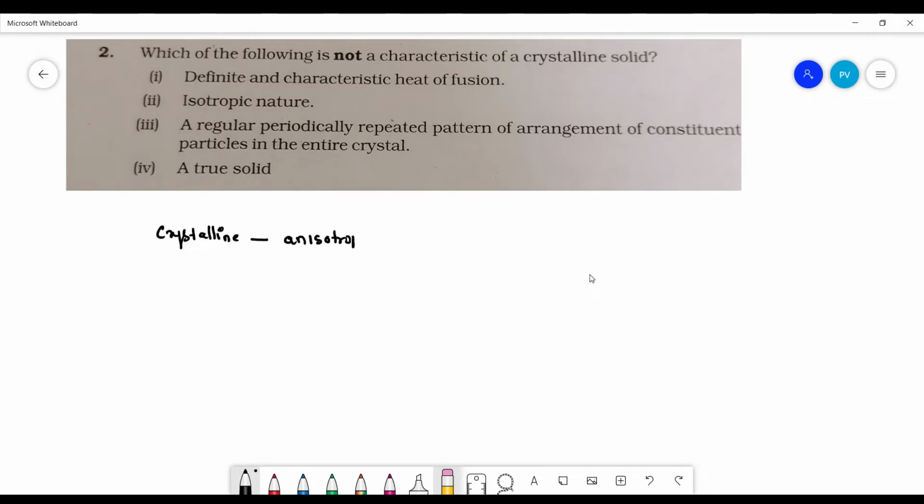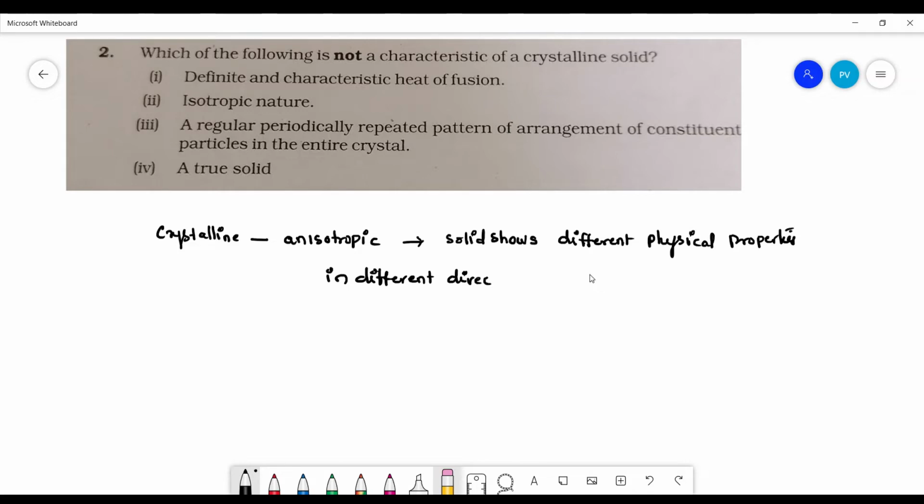What is meant by anisotropic? Anisotropy is a special characteristic of a crystalline solid, showing different physical properties in different directions, like refractive index and electrical resistance.